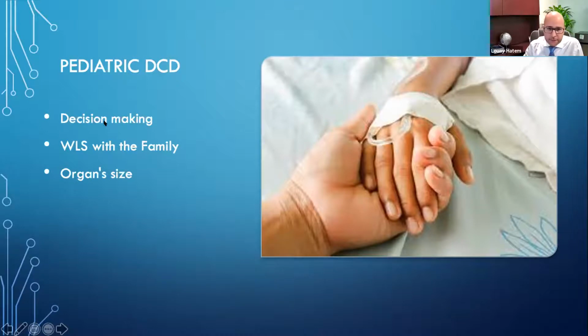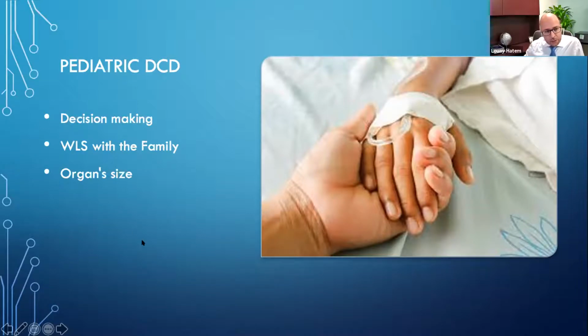Another factor is that there is no registration here as with the adult donor. Most adult donors are registered donors, so we just go and tell the family that he's registered, and most of the time they want to honor his wish. But unfortunately, this is not the case in pediatrics, so that makes the decision much harder for the family.